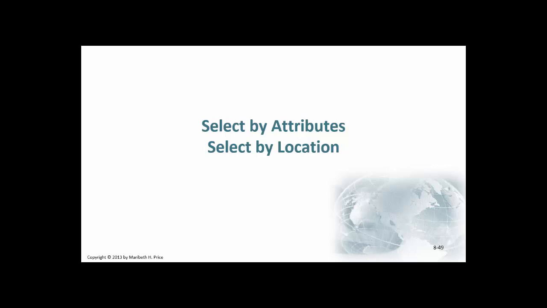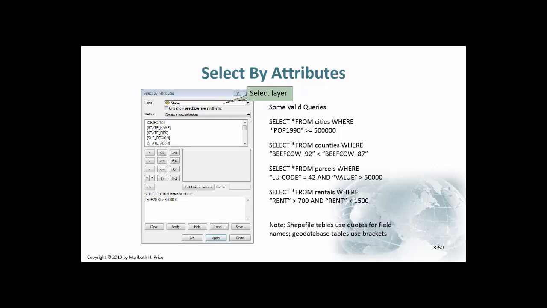Queries are used to select by attributes and select by location. If you pick Select by Attributes from the Selection pull-down menu, you will need to specify which layer you want to query.